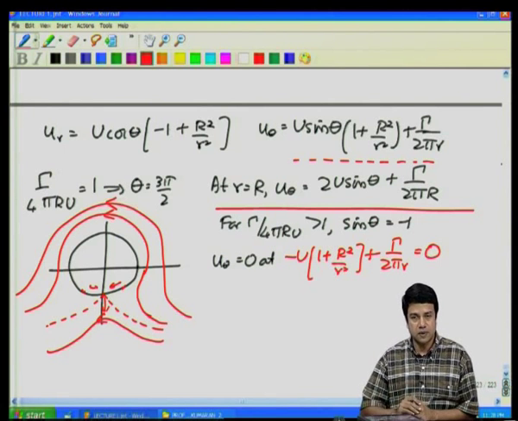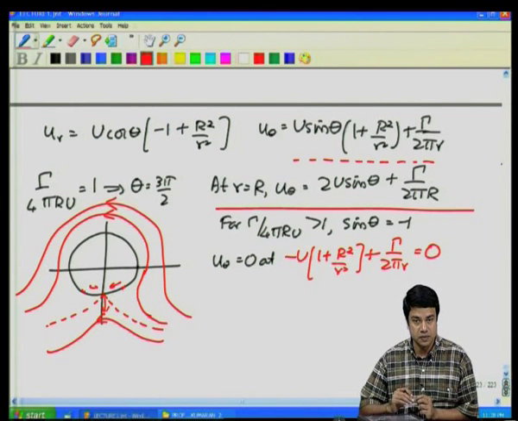So I solve this equation to find out the value of r at which u_θ is equal to 0. And the value of r at which u_θ is equal to 0 is greater than capital R in this case, because sin θ is equal to minus 1.